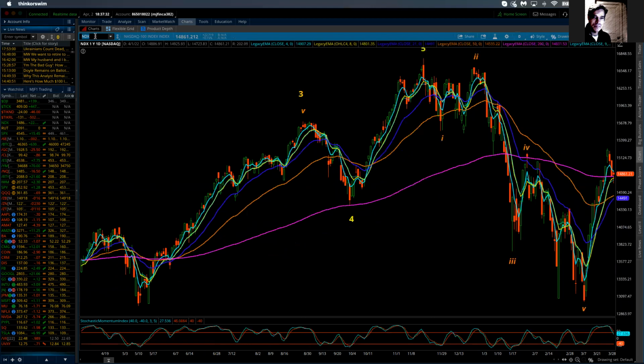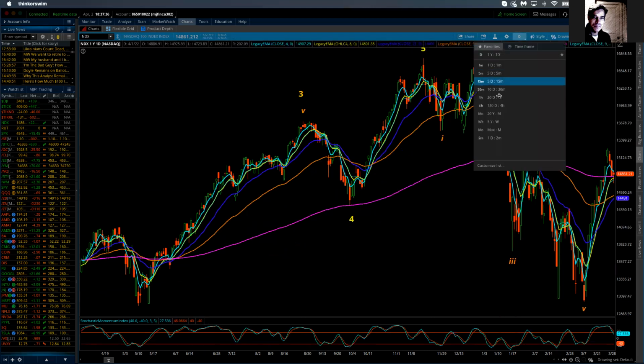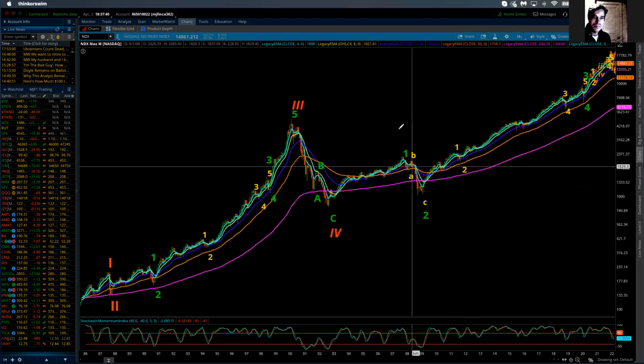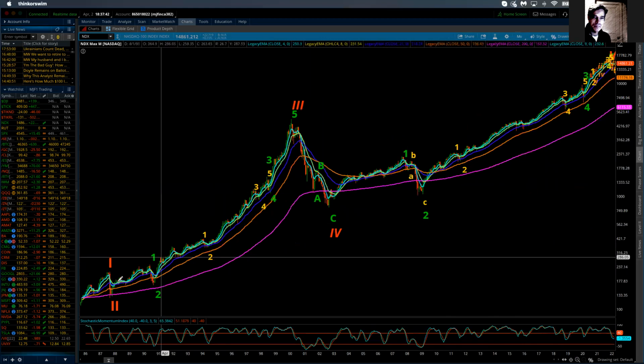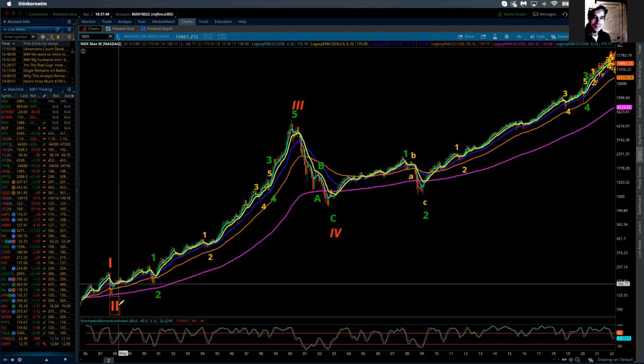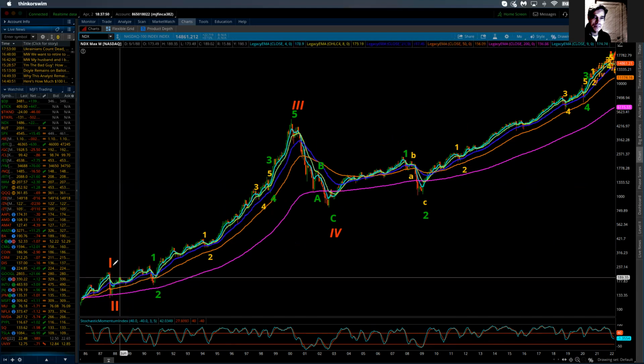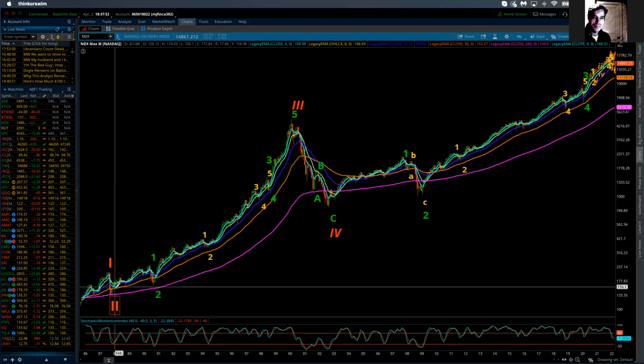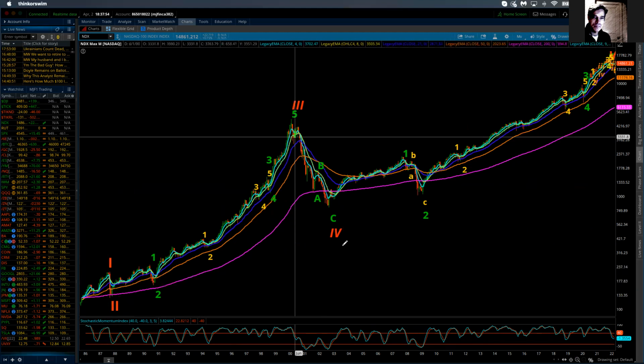Now, I want to quickly shift over and look at the NDX, same picture, but I want to update what I have here on the max view. And this view goes back to 1984, 85. There's the 1987 crash. I'm marking that as cycle degree, cycle 1, cycle 2, cycle 3, cycle 4, cycle 5, all the way up here.